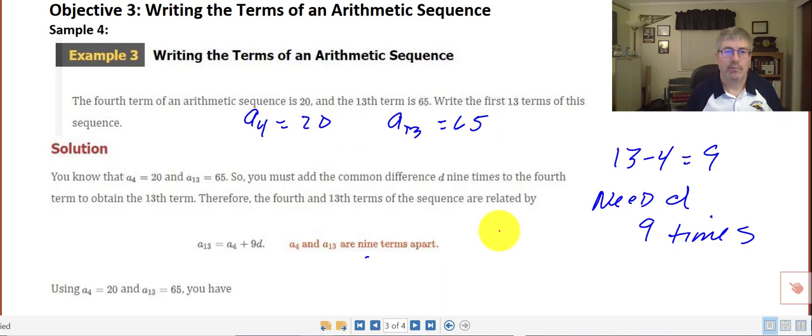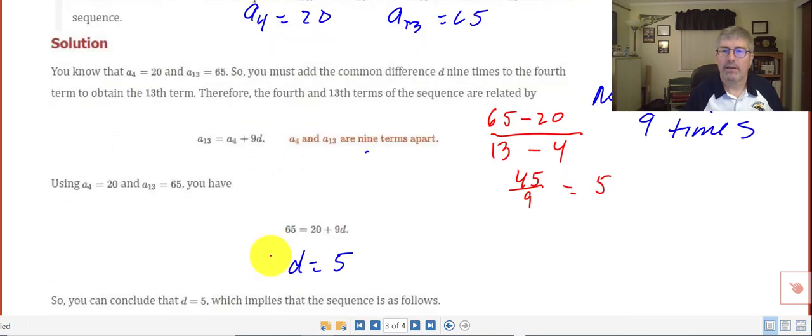So some of you might see this as essentially 65 minus 20 over 13 minus 4, or 45 over 9, which is 5. So we get a d of 5. The textbook does this using our formula.